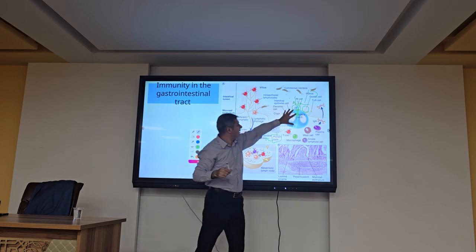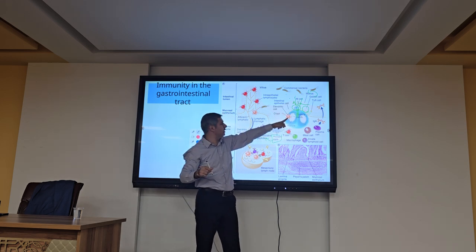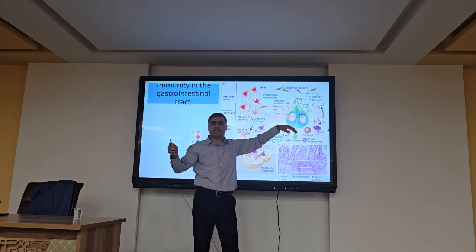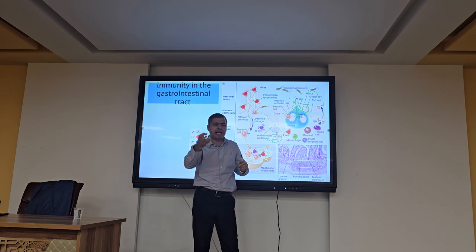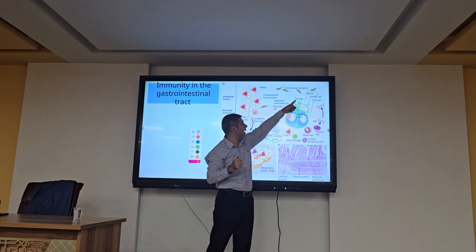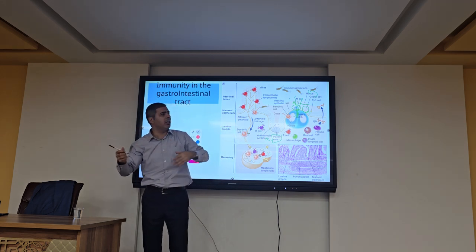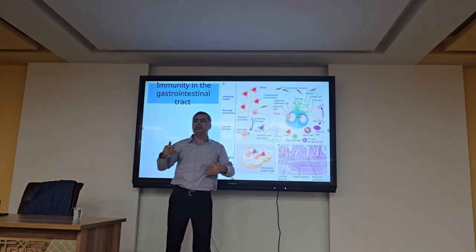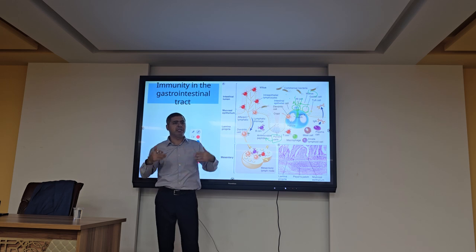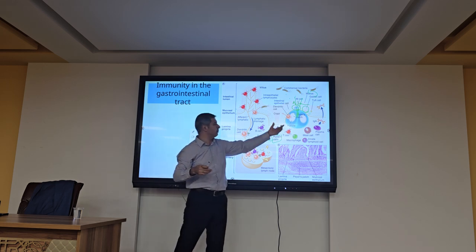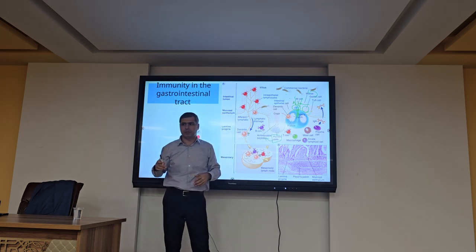The cells inside the Peyer's patch, like the dendritic cells and B cells and other cells, can recognize and capture the antigen. If the antigen is from pathogenic bacteria, they will induce an inflammatory response. They will induce the proliferation and production of antibody.